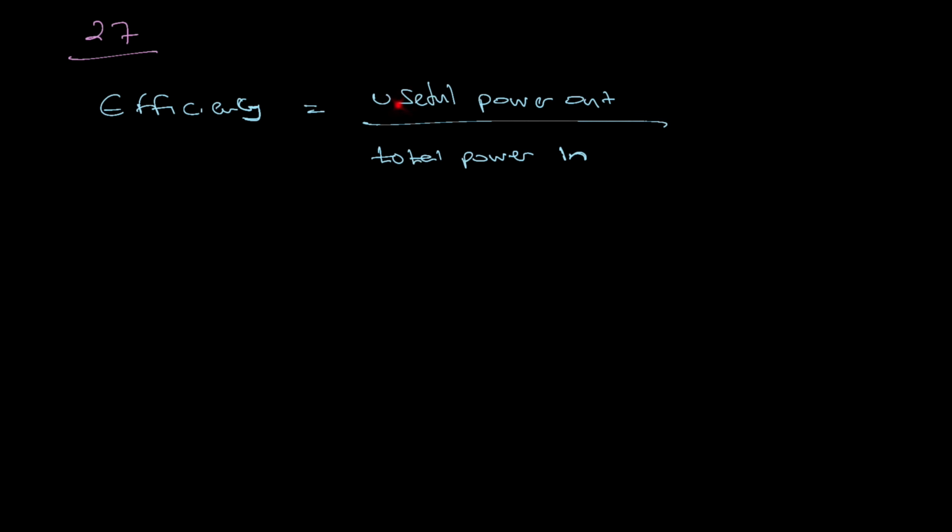Question 27. An electric motor lifts a load of weight W through a vertical distance h in time t. The potential difference across the motor is V, and the current through it is I. What is the efficiency of the motor? So the efficiency is useful power out over total power in. The useful power out is going to be the energy over time, times 1 over power in.